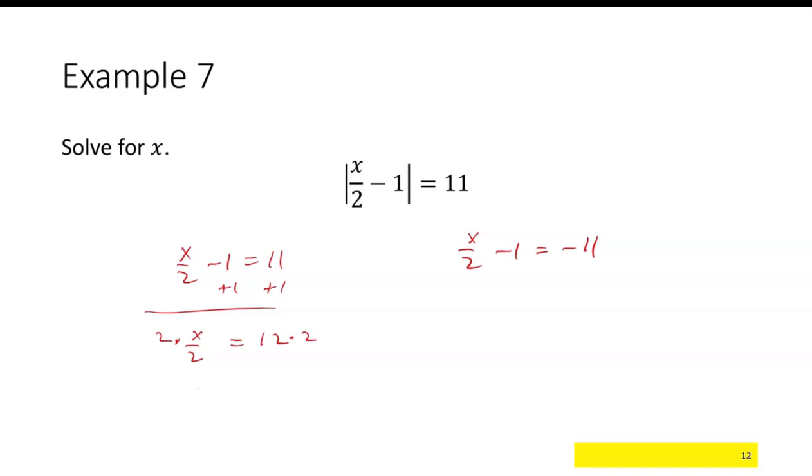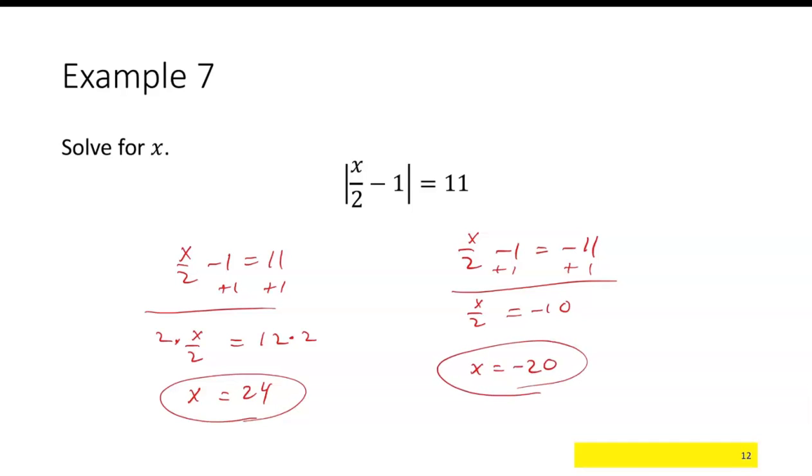So I would have x equal to 12 times 2, which is 24. Here I would add 1. So I have x over 2 is equal to negative 10. And then if I multiply by 2, I'll end up with x equal to negative 20. So my solutions here are 24 and negative 20.